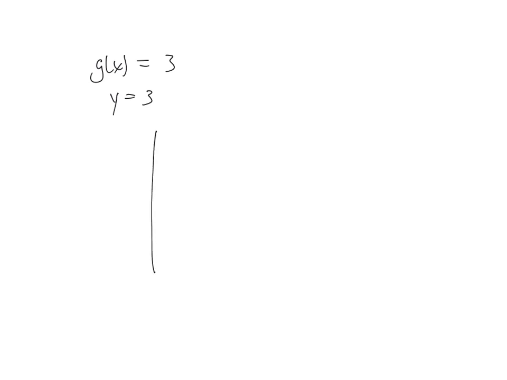So y equals 3 means on the y-axis, go to 3, and it's actually a horizontal line like that. The reason is because all the points on this line, no matter where I put them, the y part is 3.